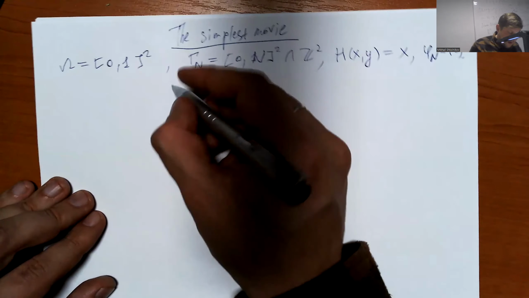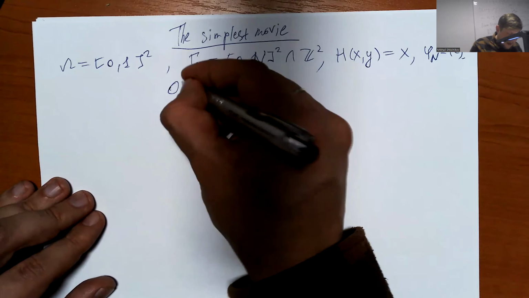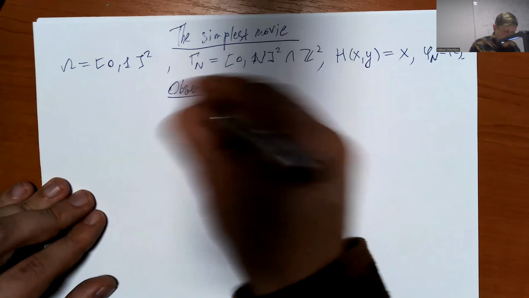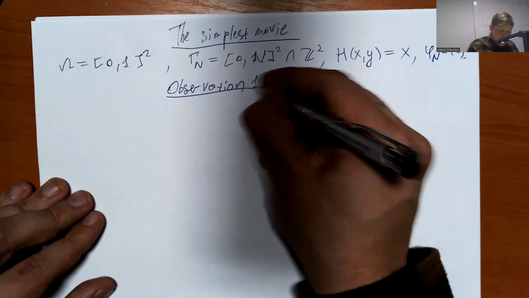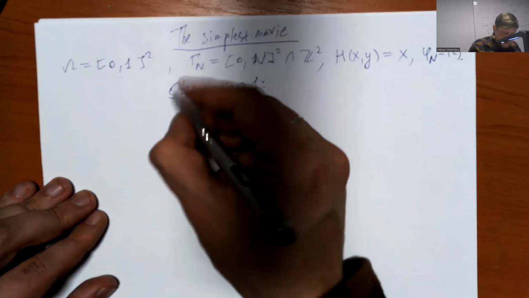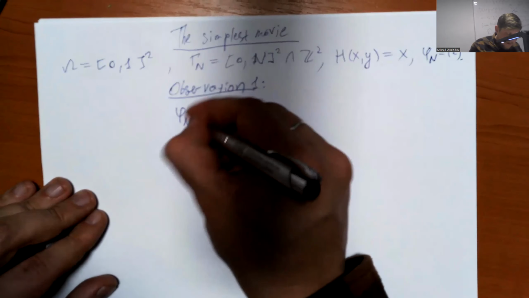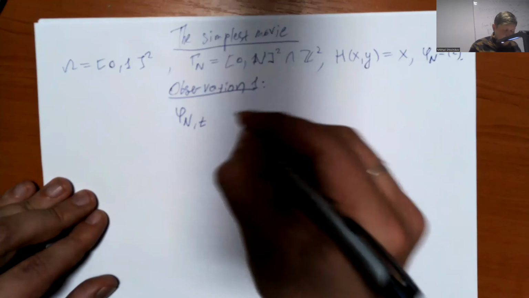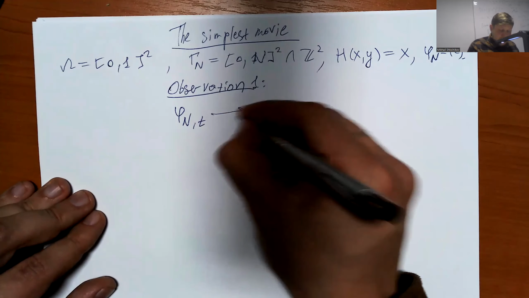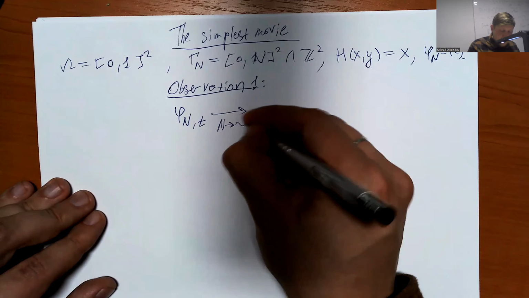Now, the first observation is very silly. It says that the movie phi n t, the frame of the movie, simply converges as n goes to infinity.